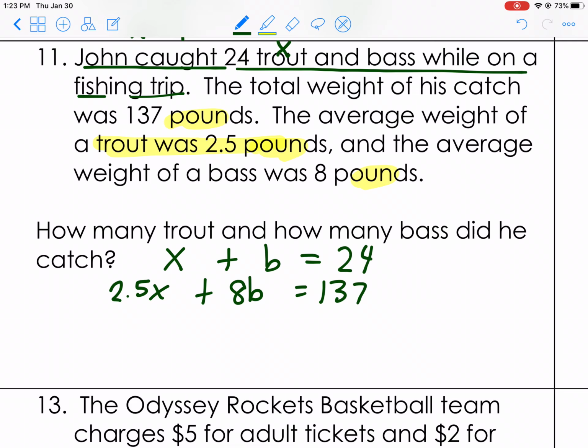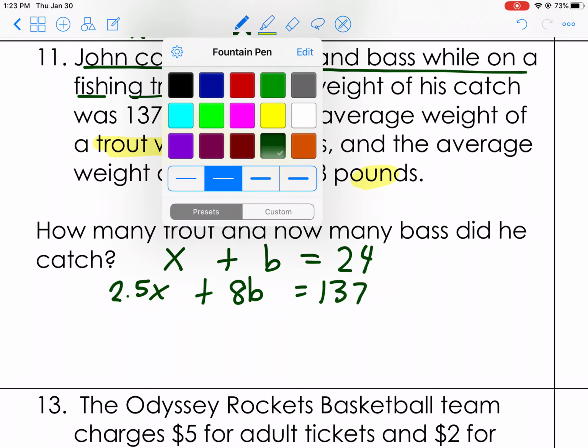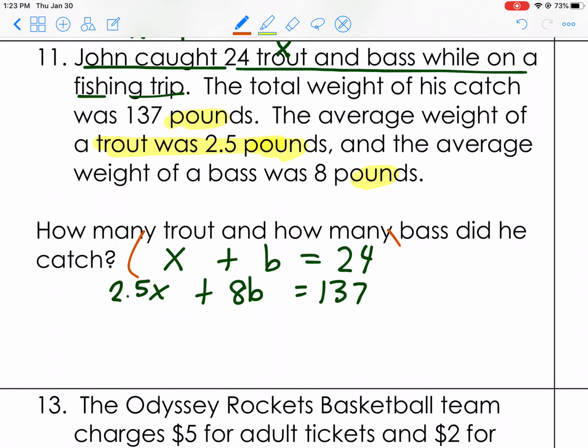Okay, then you could solve here using substitution or elimination. They're both good candidates. I'm going to go ahead and do elimination this time. I'm going to get rid of the b. So I'll have -8x minus 8b equals, let me do 24 times -8, -192.